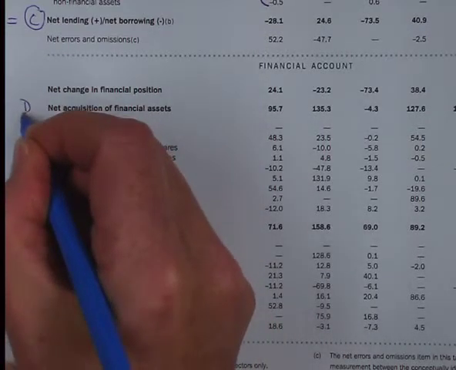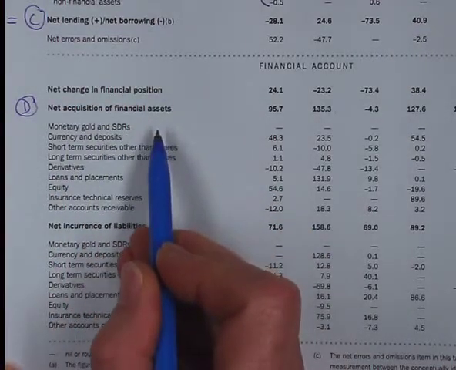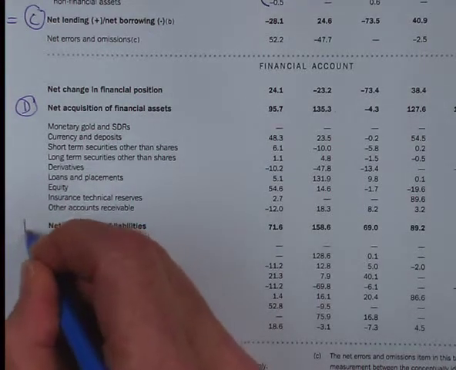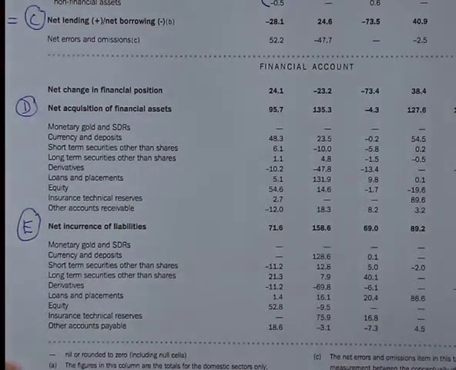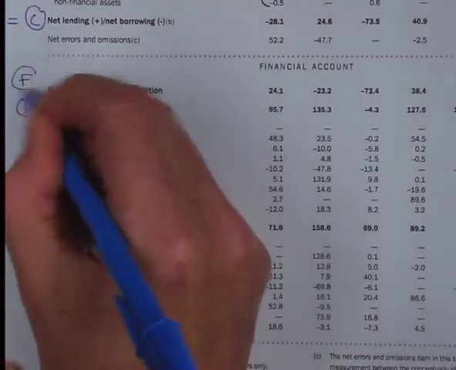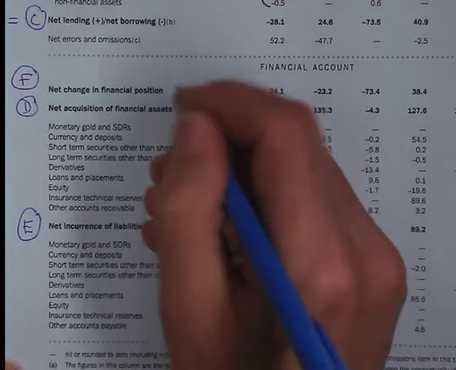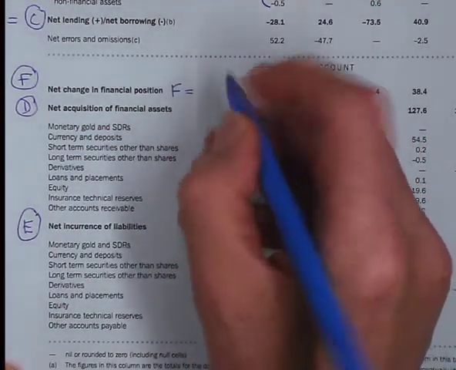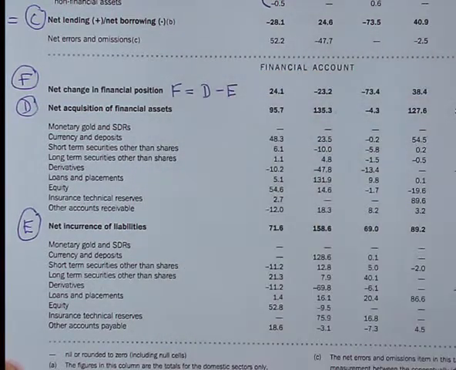So if we call that D, the value of the financial assets that each sector acquired during the year, less the net incurrence of liabilities, and if we call this F, the net change in financial position, then in fact the net change in financial position is equal to the net acquisition of financial assets minus the net incurrence of liabilities.